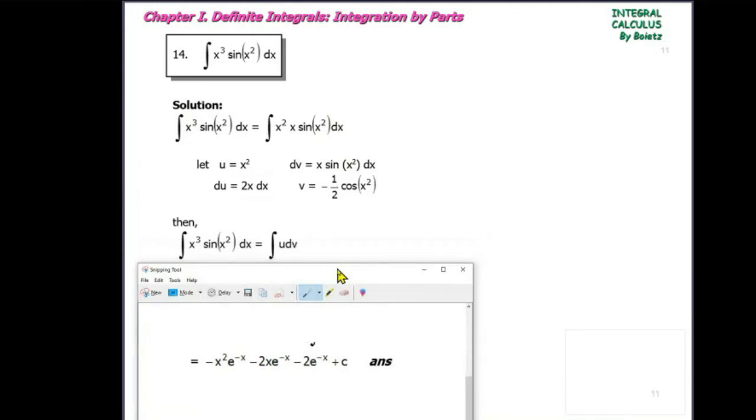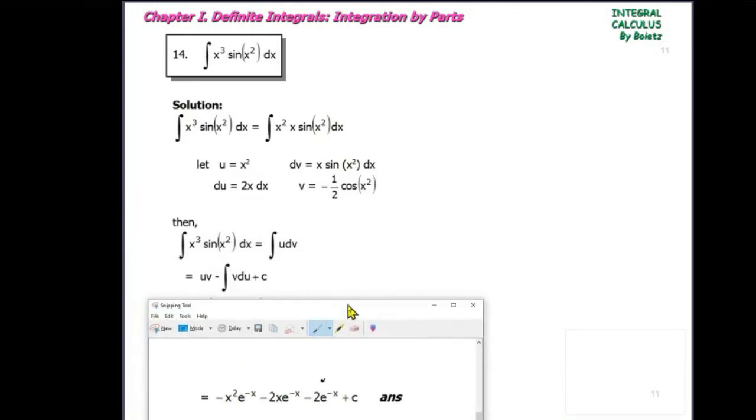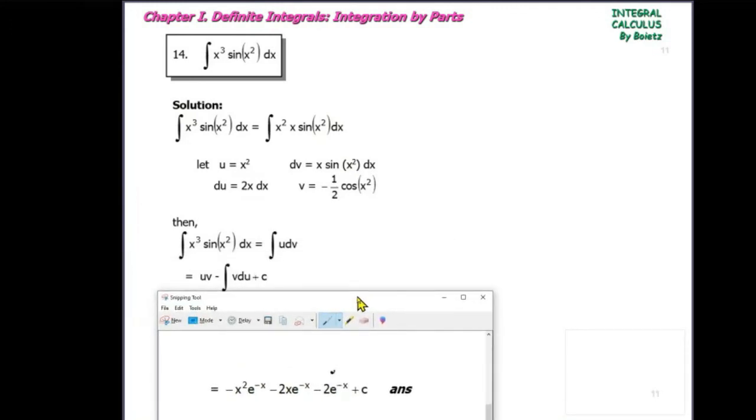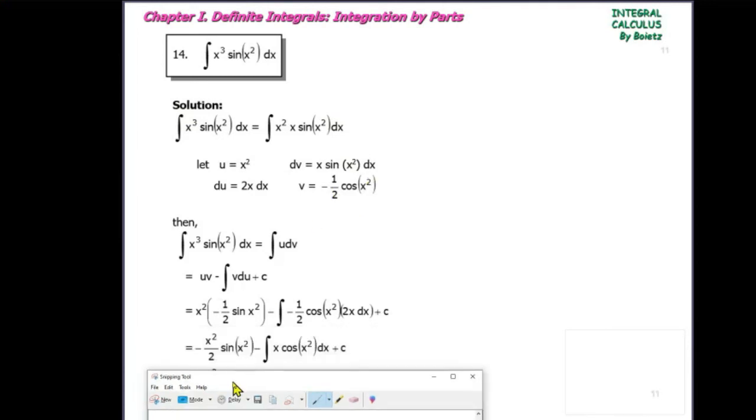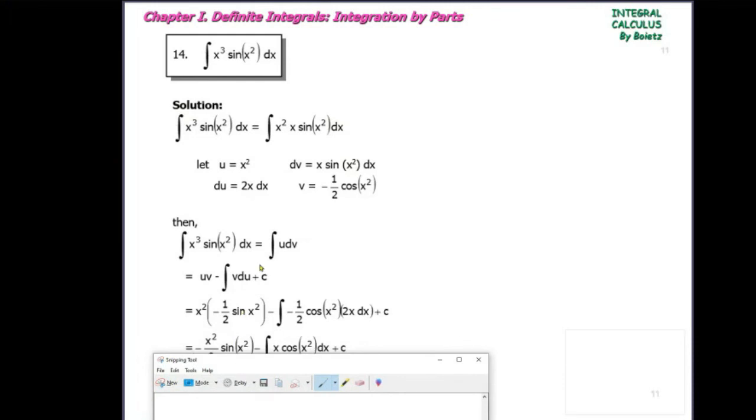So kaya the integral ng u dv is equal to uv minus integral ng v du. Your u is equal to x squared. Your v is equal to negative 1/2 cosine. Dapat yata cosine to.